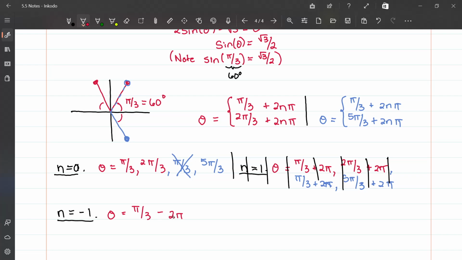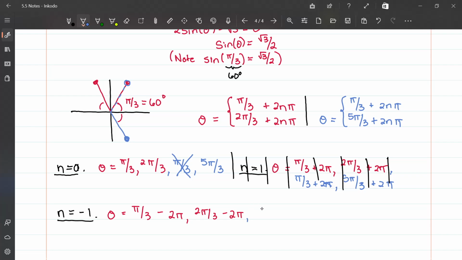So when I subtract 2 pi from pi over 3, I get a negative. That's not in the interval that I'm interested in. It's smaller than 0, so this is a problem. And actually, if I do 2 pi over 3 minus 2 pi, which would be the next one we would get, it's also going to be a problem. It'll also be smaller than 0, so neither of these can be considered.